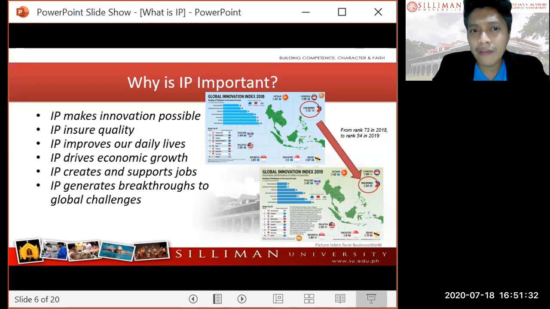It is also evident in the growth of our SMEs, the micro, small, and medium enterprises. At present, there are over 900,000 SMEs, representing over 90% of all Philippine enterprises and accounting for 70% of total employment.